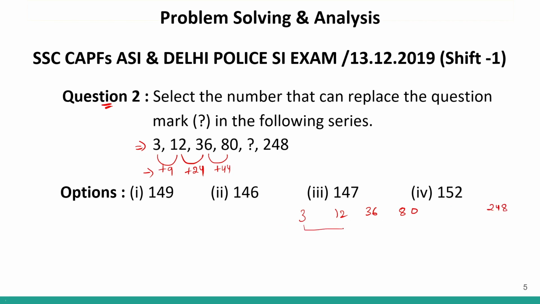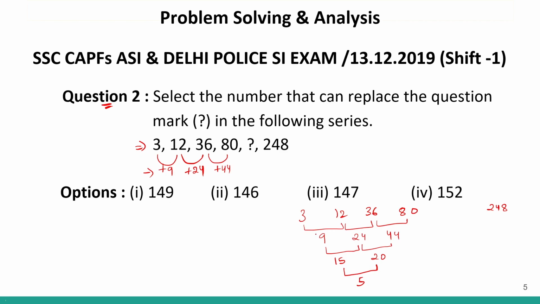So 3 to 12, the difference is 9. Here the difference is 24 and here the difference is 44. Now between 9 and 24, the difference is 15. Similarly, the difference between 24 and 44 is 20. So the lowest common term is 5.